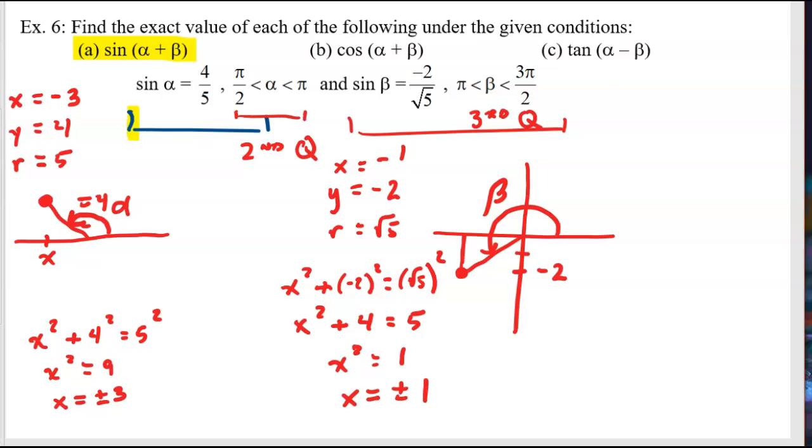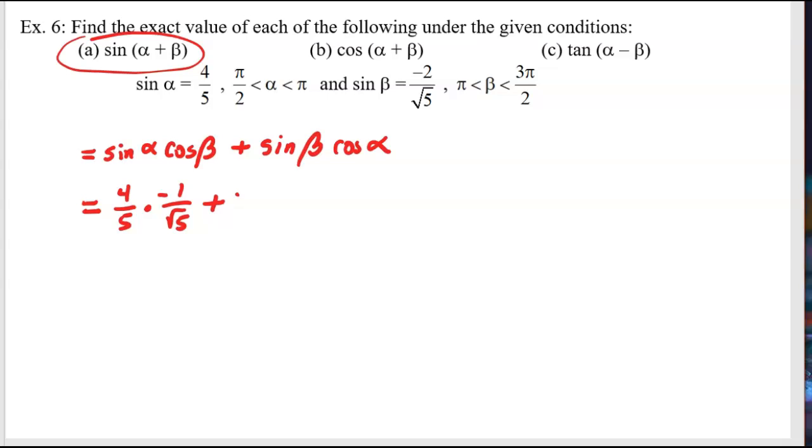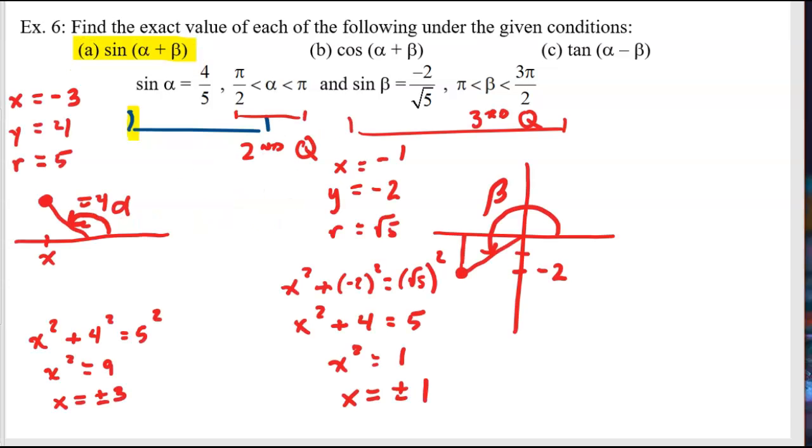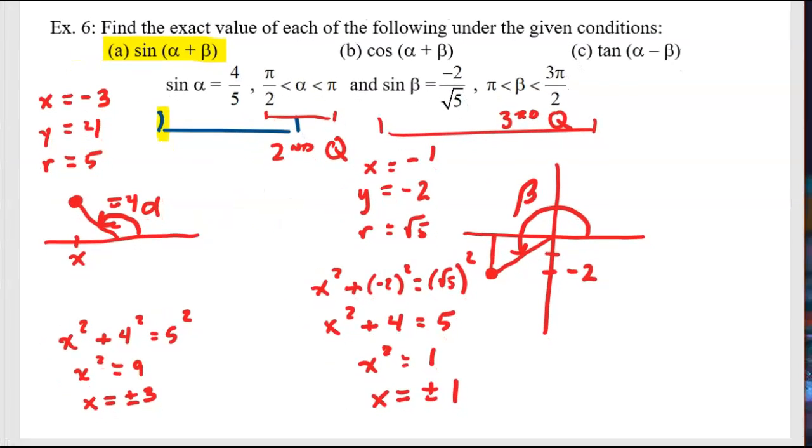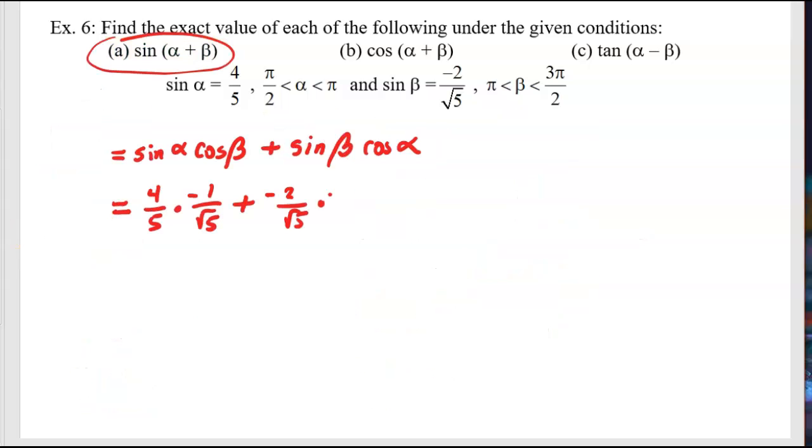So that's negative 2 over root 5 times cosine of alpha. So cosine of alpha, so alpha's here. So cosine is going to be negative 3 over 5.